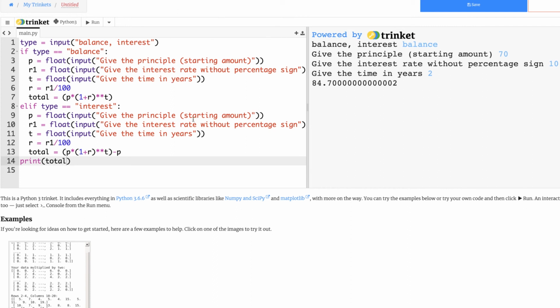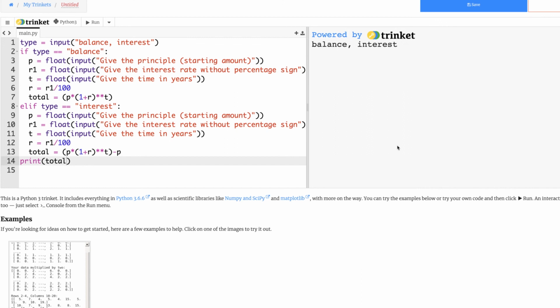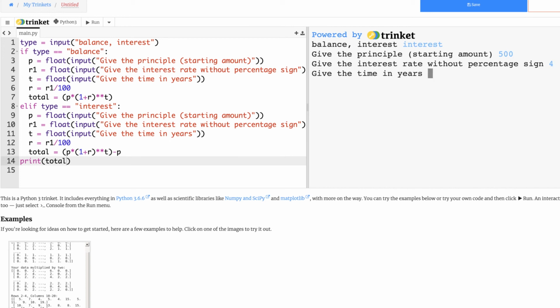So this is our calculator. Let's try one or two more examples. Let's go for an interest question again. Let's give the principal of, say, 500. Give the interest rate of 4 and time in years of 2. 40.80. You can verify this.